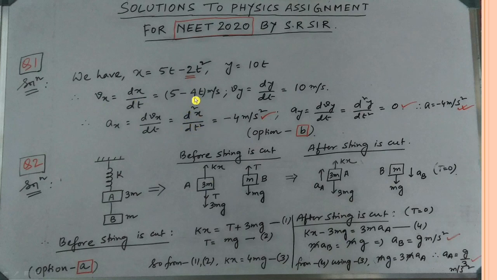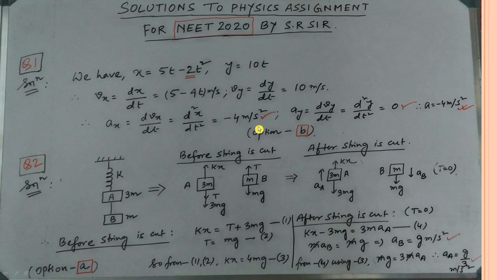That is equal to minus 4, because 5 is the constant, so its derivative is 0, and d/dt of t is 1; the 2 comes just ahead of t, so 2 into 2 gives 4, and t to the power 2 minus 1 gives me t only. So minus 4 meter per second square.